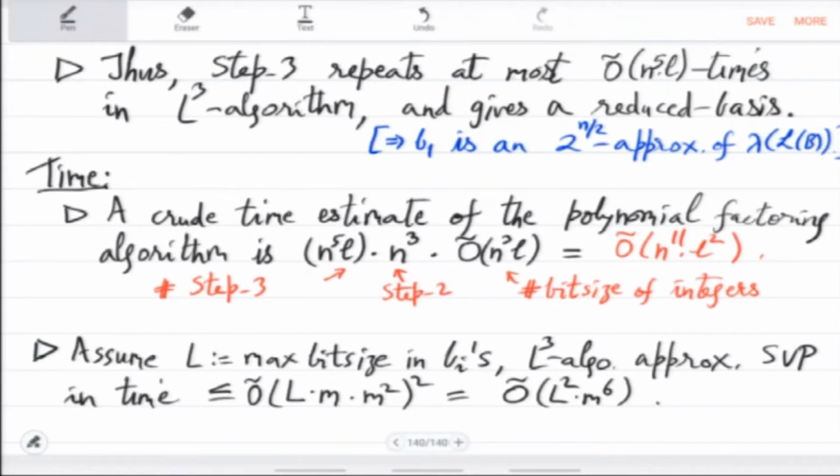So let me give an explanation for this. So this is the bit size, but this m we are putting for pre-processing. And this m square you will get because of the number of times step 3 will repeat. This comes from the potential function.